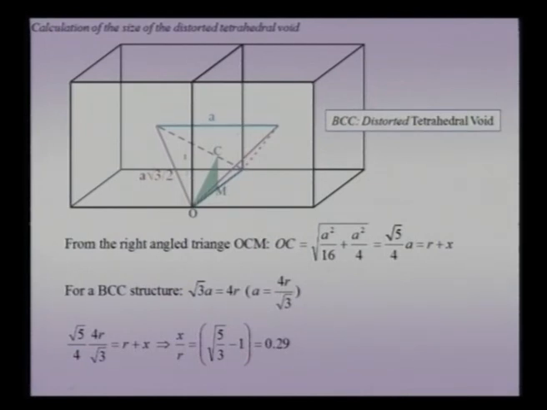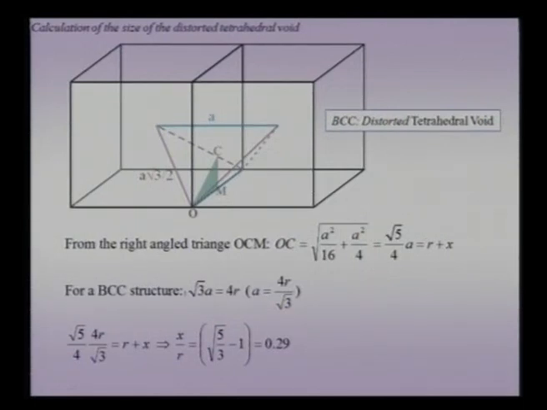So, if I look at the tetrahedron here and I look at the center of the tetrahedron, position C, then I can draw a right angle triangle CMO, and the length OC can be got by Pythagoras theorem to be root 5 by 4 a. The OC is where the atom sitting in the tetrahedral void will be touching the atom sitting in the lattice position. So, that will be equal to R plus X.